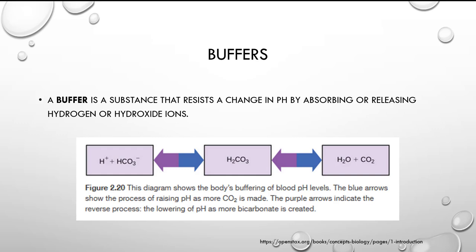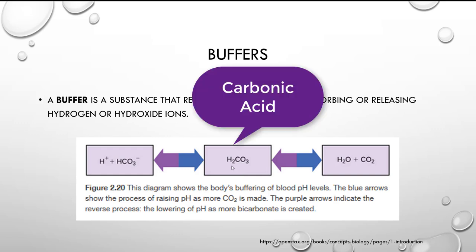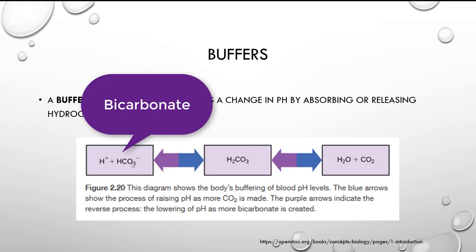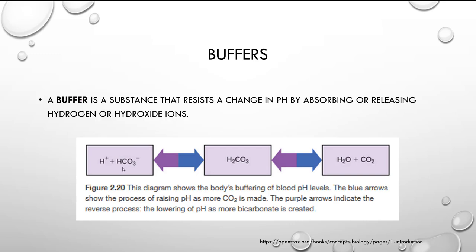In order to prevent our blood from becoming too acidic or too alkaline, it has a buffering system. This buffering system involves carbonic acid, H2CO3, as well as bicarbonate. Bicarbonate is HCO3 negative, so this is an example of an anion.